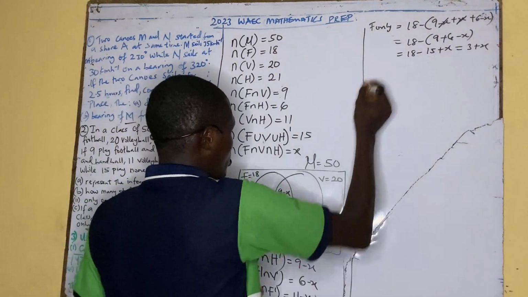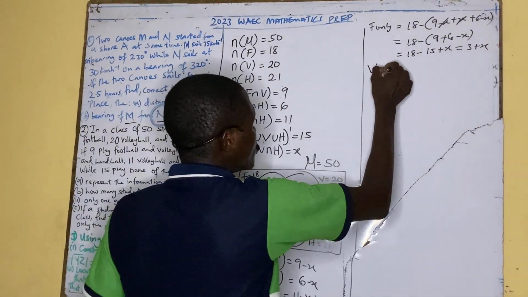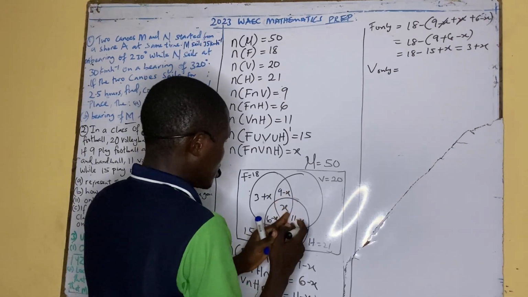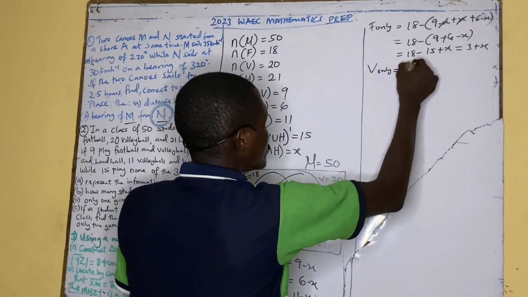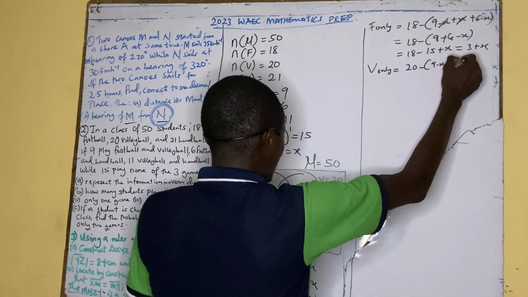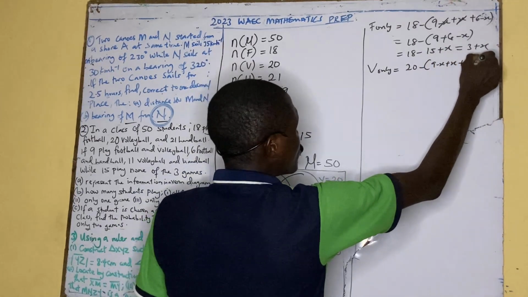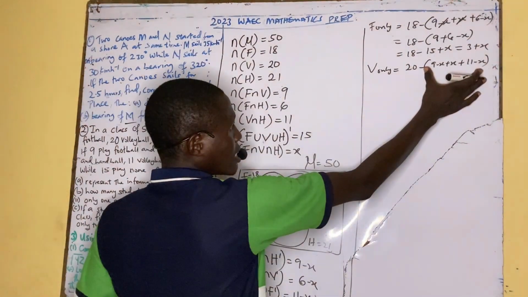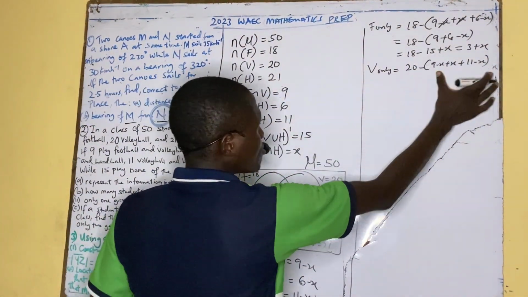So the next one is volleyball only. Volleyball only has to do with 20 minus everything here. So we have 20 minus 9 minus X plus X plus 11 minus X. You add everything together, then you remove it from 20. That's why I'm putting it inside a bracket, because this minus will affect everything.